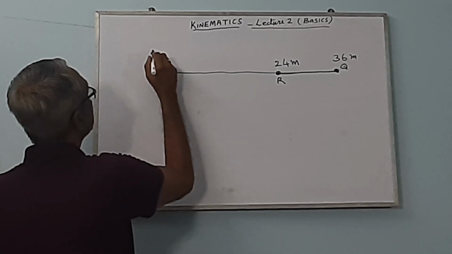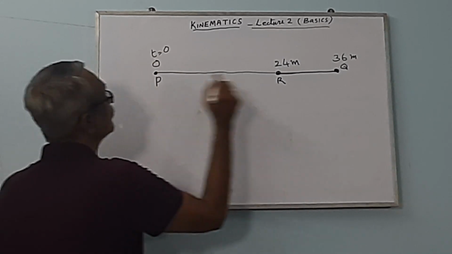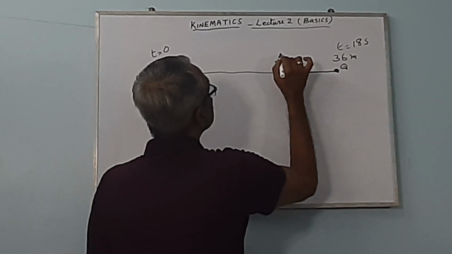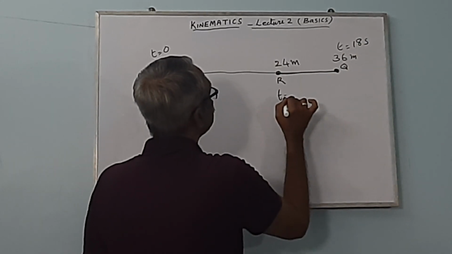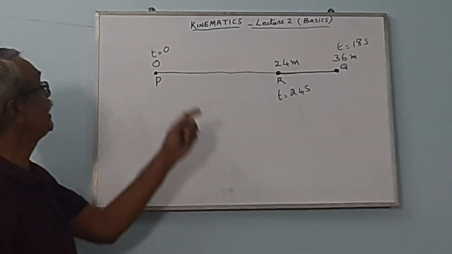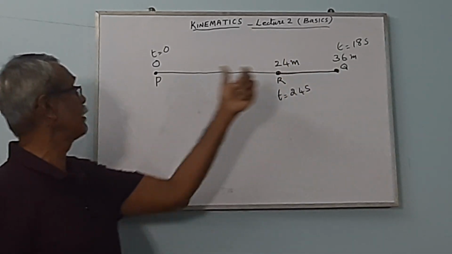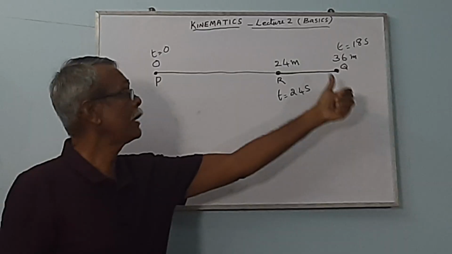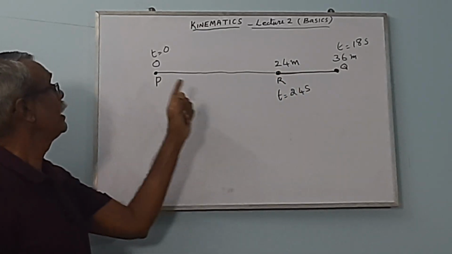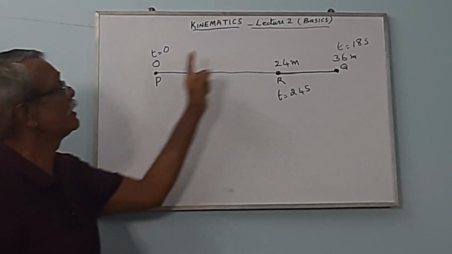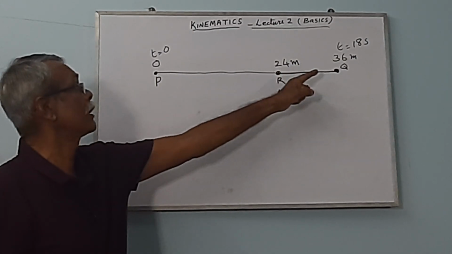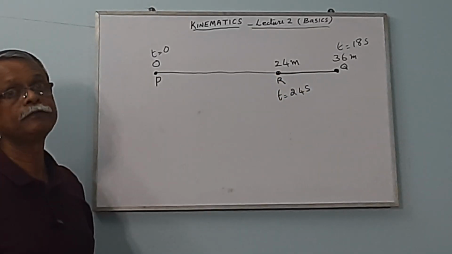Let this time be 0. This time be 18 seconds. This time be 24 seconds. So it takes 18 seconds to travel from P to Q and 6 seconds to travel from Q to R. It travels 36 meters from P to Q and 12 meters from Q to R.